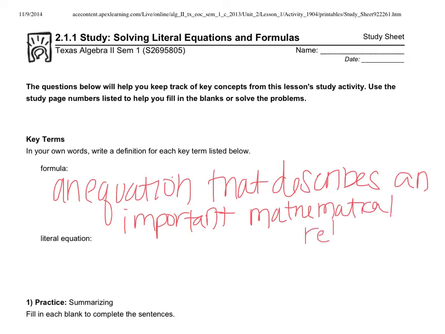Most of the formulas that you know relate to geometry. There's formulas for area, perimeter, surface area, volume. There's also formulas for finding the missing side lengths of triangles. There's formulas to find slope. All of those different things are actually going to help you find something.